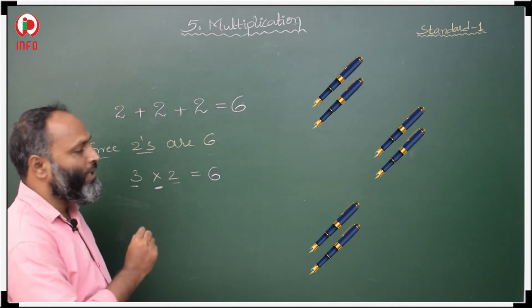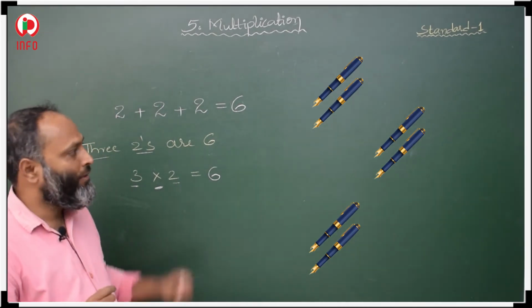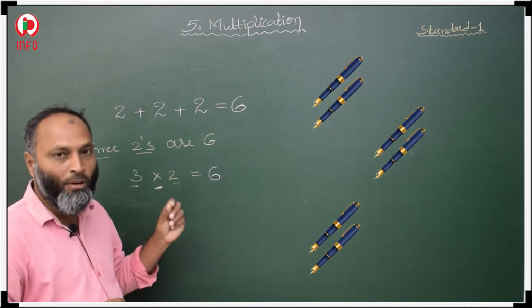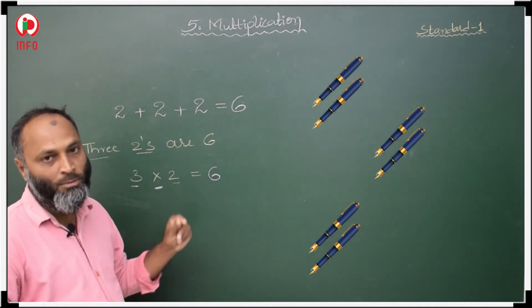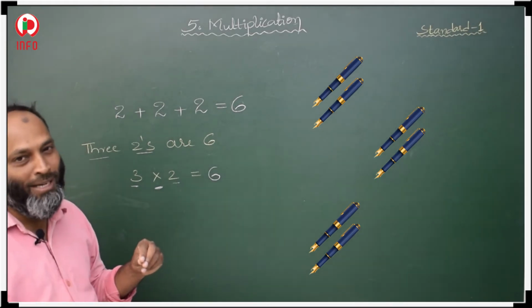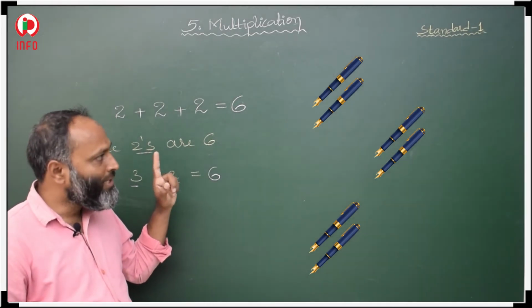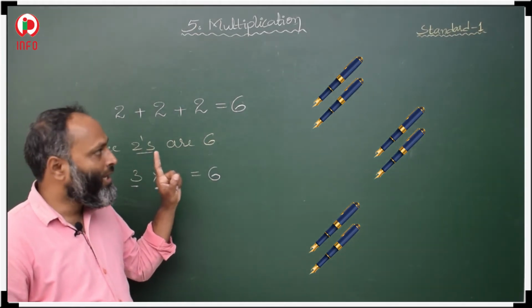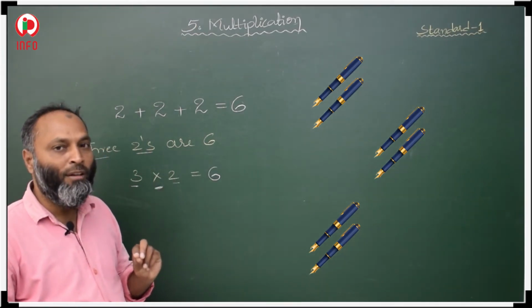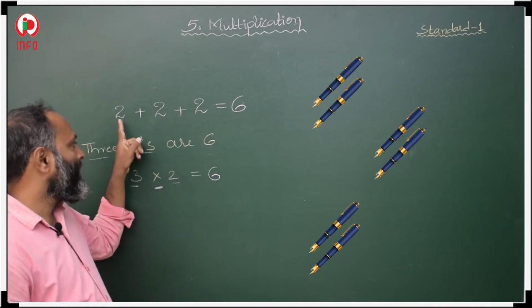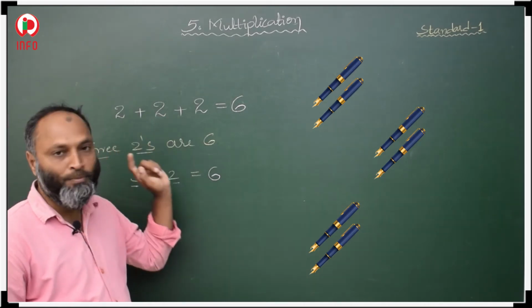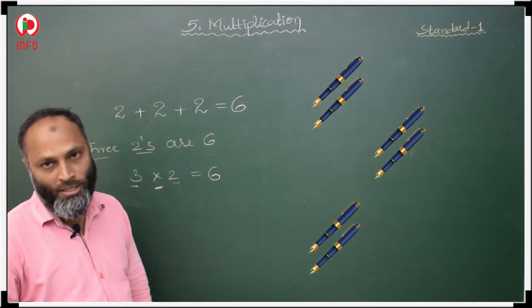Okay, so this is our repeated addition. Whenever you have an equal number of objects, animals, pens, pencils, sharpeners, erasers, whatever is given in the picture, in each group, first you add like this, 2 plus 2 plus 2. Then check your answer.